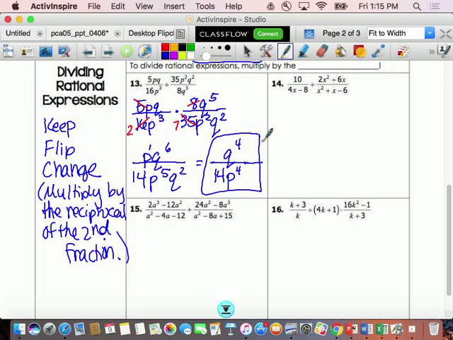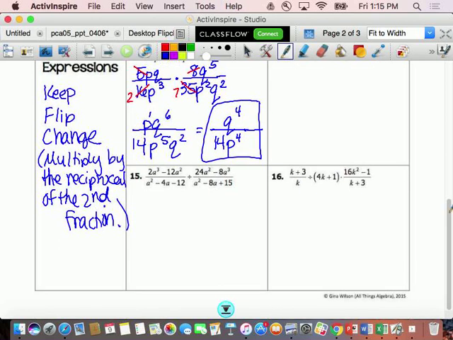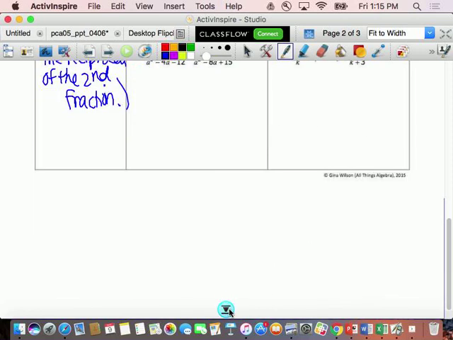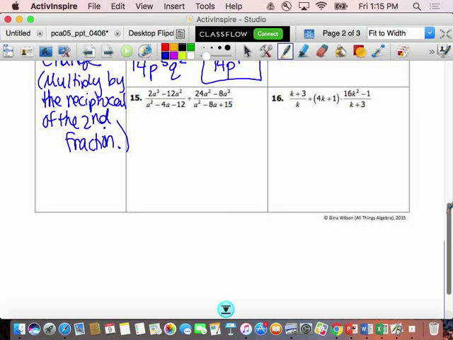All right, we're going to skip number 14 and go to number 15 for time's sake. What do we do first? We factor everything. You can do your own factoring.